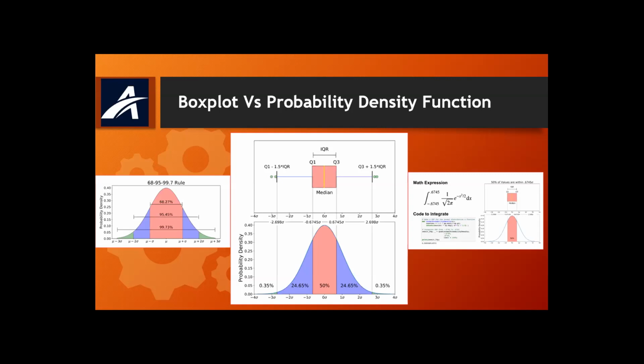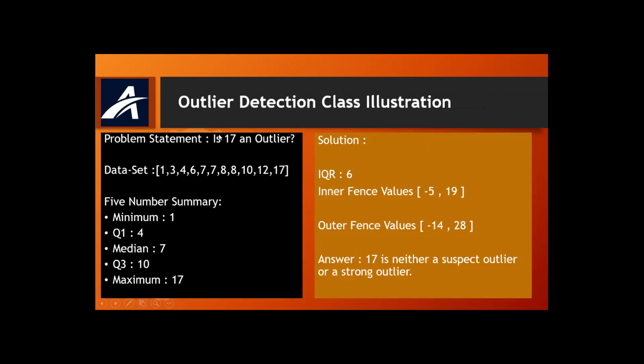You said you're going to change the inner fence, back to the outlier detection. Yeah. The inner fence is basically the mild one. It's just the same thing. I need to change the name of the inner fence. No, you don't need to change it. It's just an inner fence. An inner fence is the same as the mild outlier.